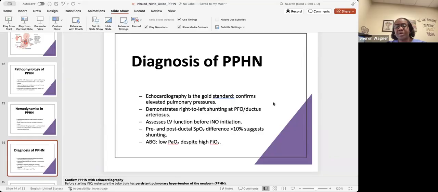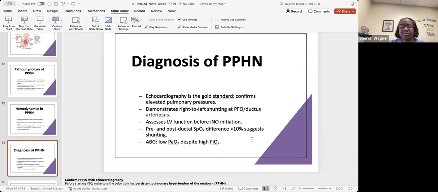Diagnosis, again: echocardiography is the gold standard, and it's going to confirm elevated pulmonary pressures. It's going to show right to left shunting at the PFO or the ductus arteriosus, and left ventricular dysfunction.